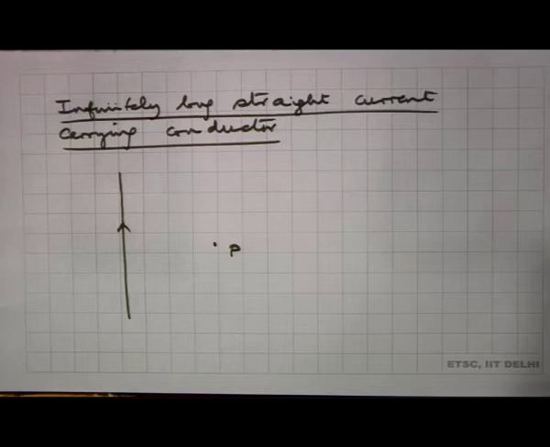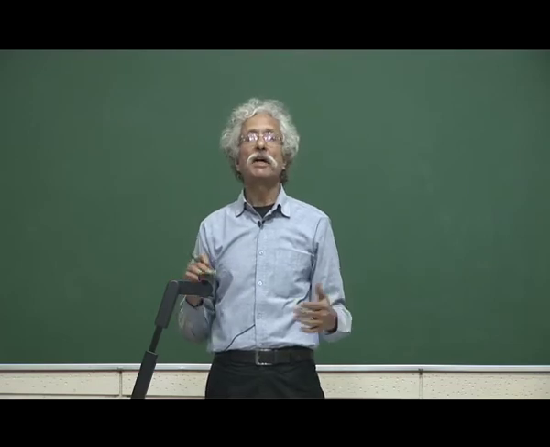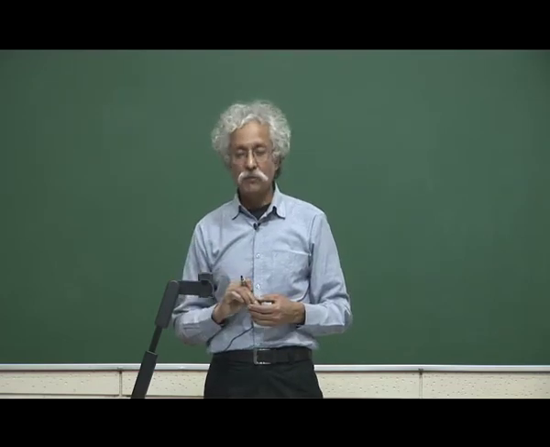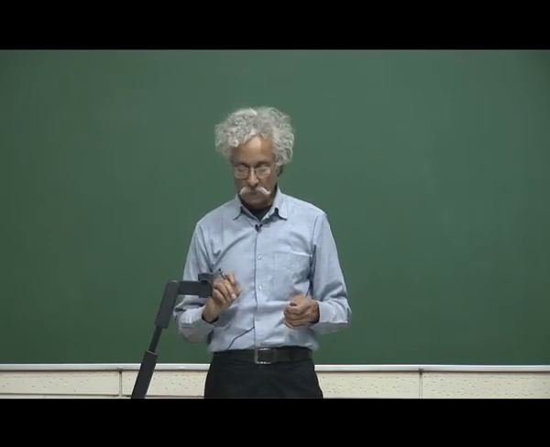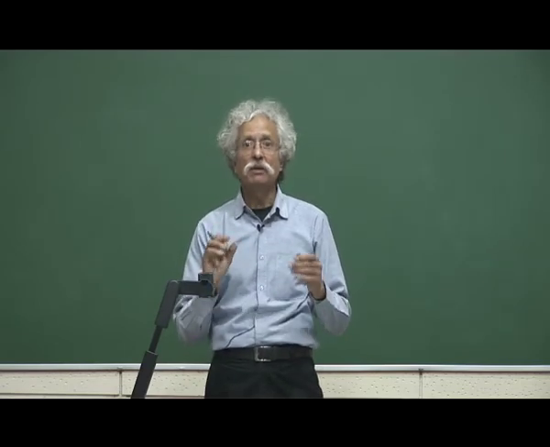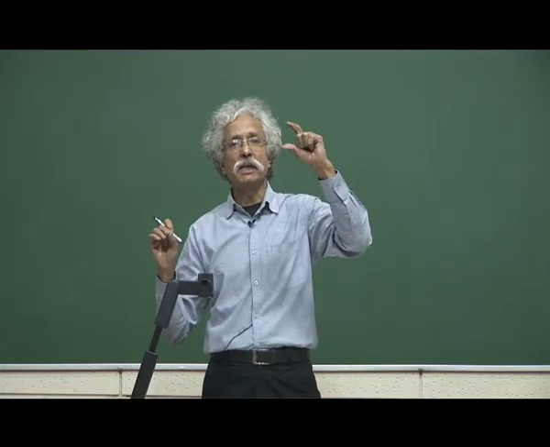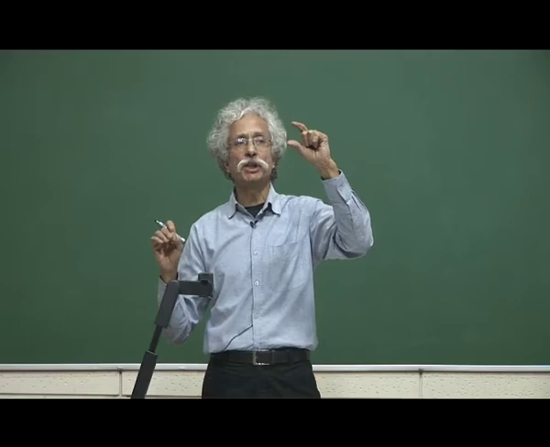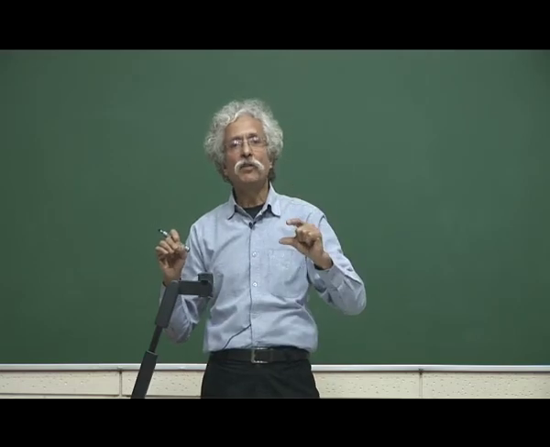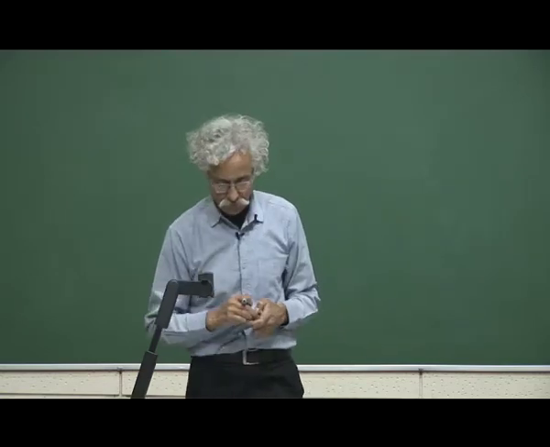Remember in electrostatics we had also calculated the electric field due to an infinitely long line charge. Similarly, I want to find the magnetic field at the point P. I will use the Biot-Savart law to write down the magnetic field at P due to a small current element, and using the principle of superposition, I will add the magnetic field due to all current elements at this point P and get the total magnetic field.